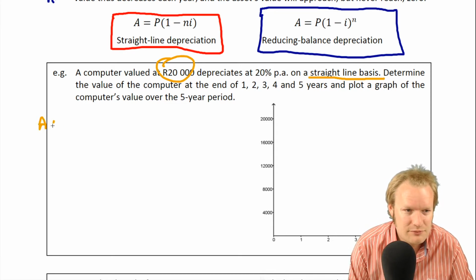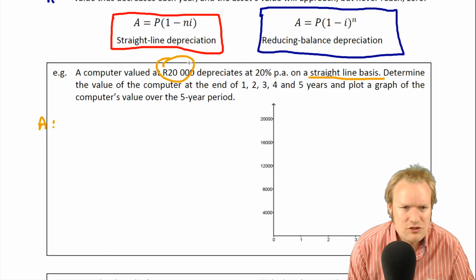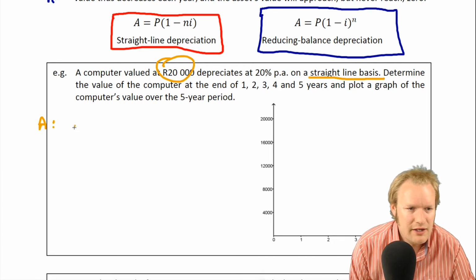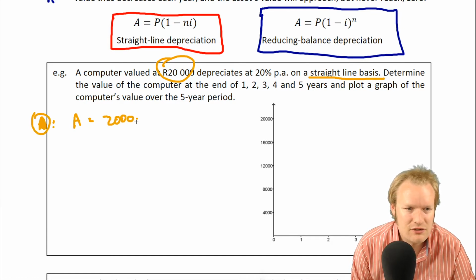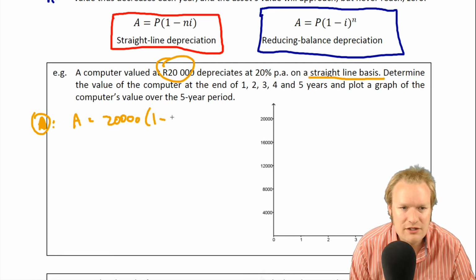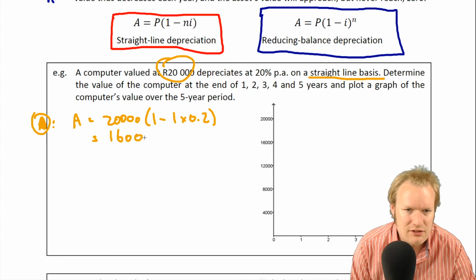After the first year, determine the value of the computer at the end of 1 year. Well, we've lost 20%, so let's use our formula. A equals 20,000 Rand, 1 minus N, or 1 year, times 20%, and that gives us, into our calculator, 16,000 Rand.